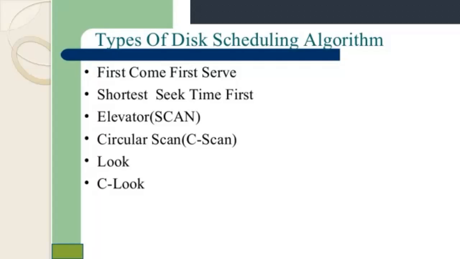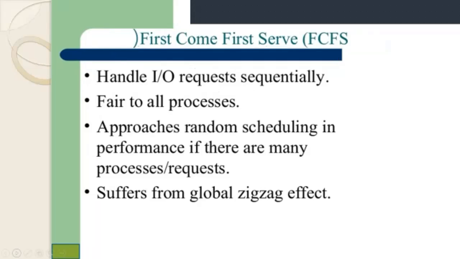Okay. First come first serve, shortest seek time first, elevator, circular scan, look, C-look. These are the names of some scheduling algorithms. FCFS handles I/O requests sequentially and it remains fair to all processes.